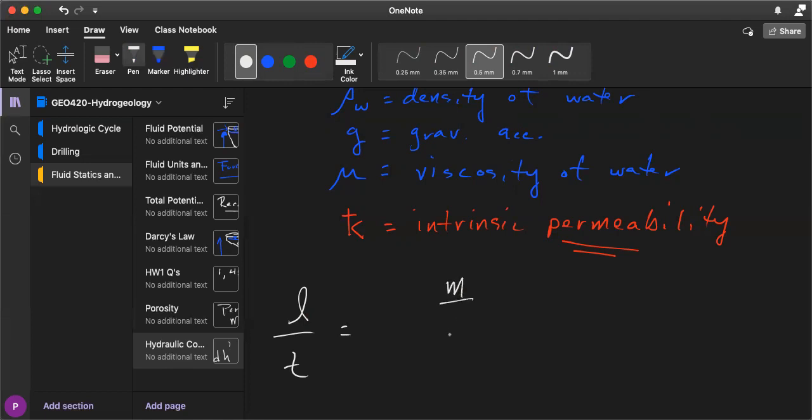Mass over volume. Kilogram per meter cubed or something, right? What are the units for acceleration? Length over time squared.